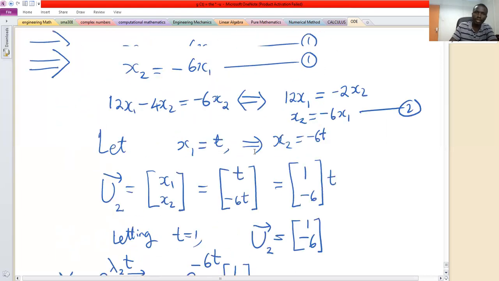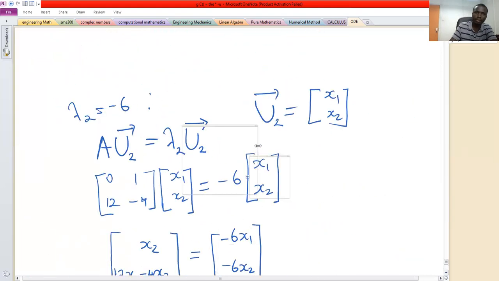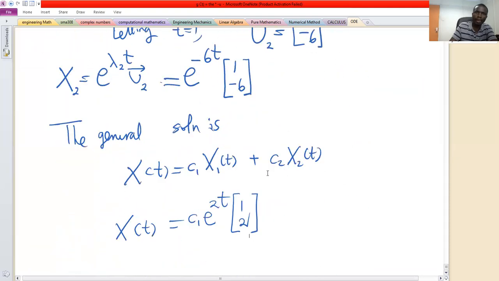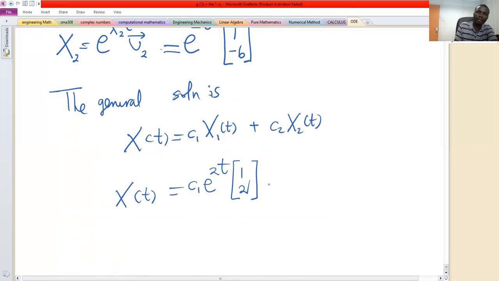That was what we got as our x1, e raised power 2t times (1, 2). And then plus c2 e raised power minus 6t into the vector (1, minus 6). So this is what we call the general solution.